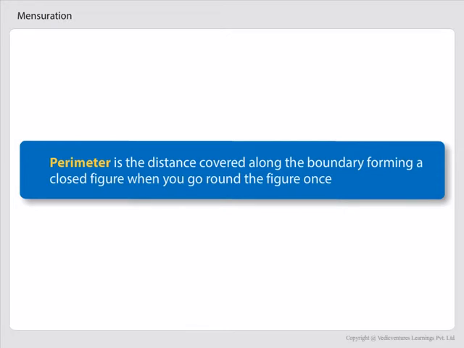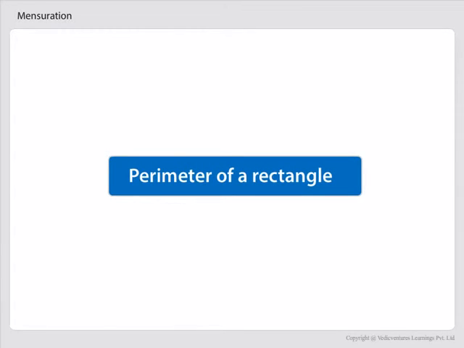Therefore, we can define perimeter as the distance covered along the boundary, forming a closed figure when you go round the figure once. Now we will see the perimeter of a rectangle.